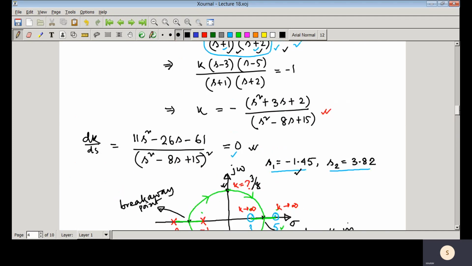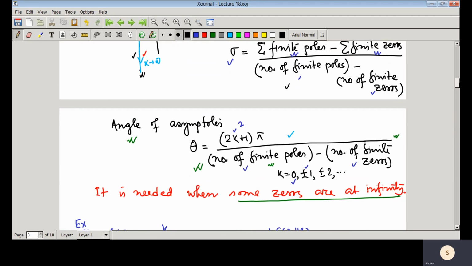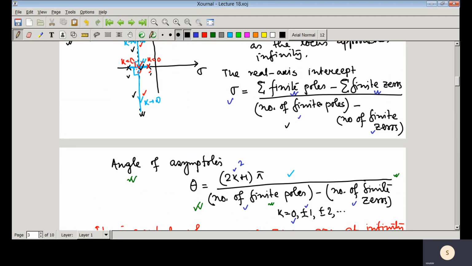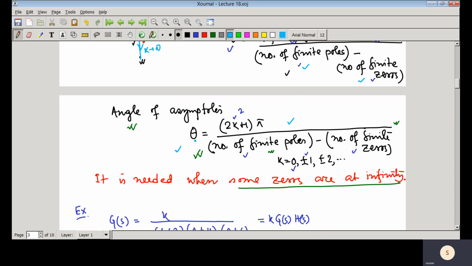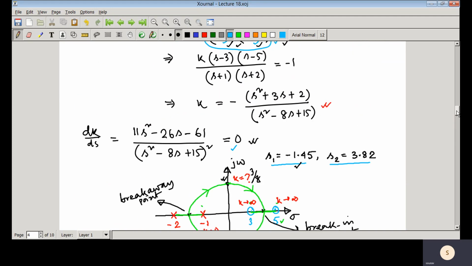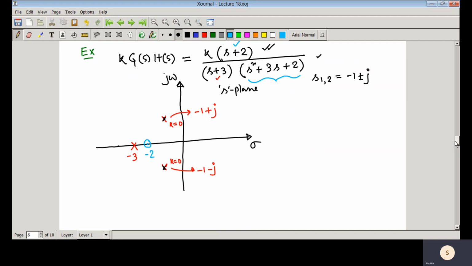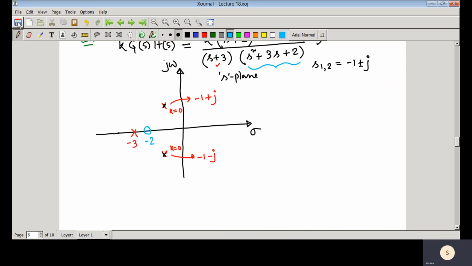The formula for finding centroid is the summation of finite poles minus summation of finite zeros divided by number of finite poles minus number of finite zeros, and the angle of asymptotes equals 2k plus 1 pi divided by number of finite poles minus number of finite zeros.